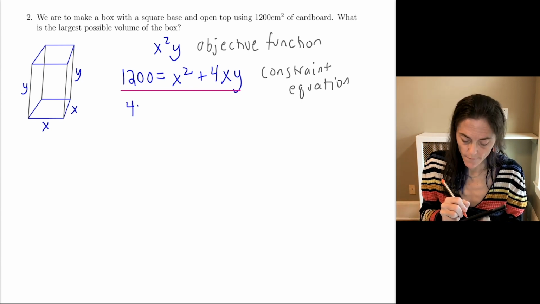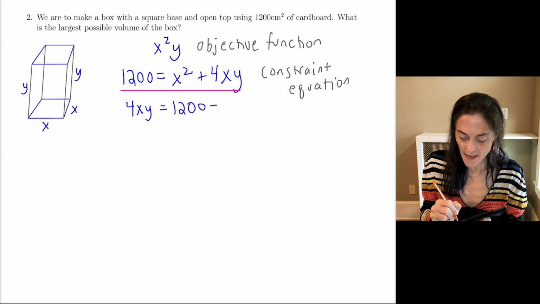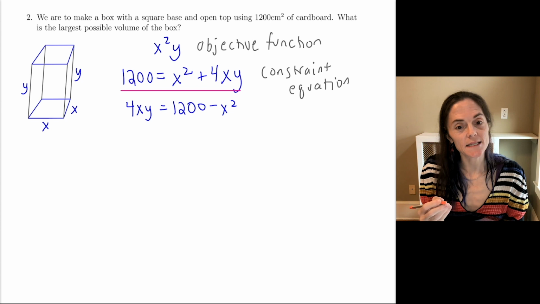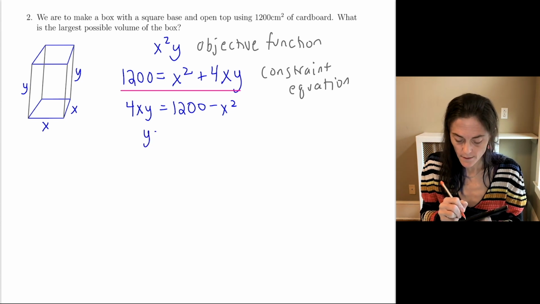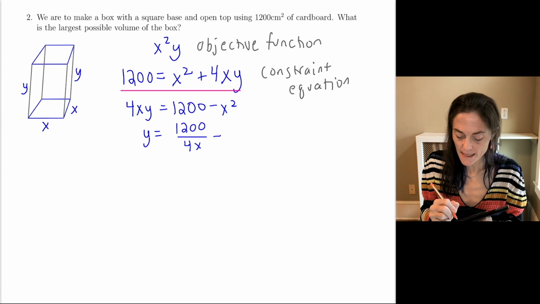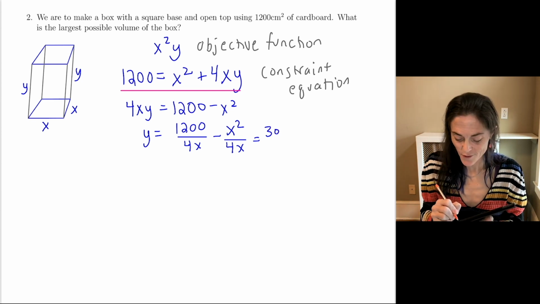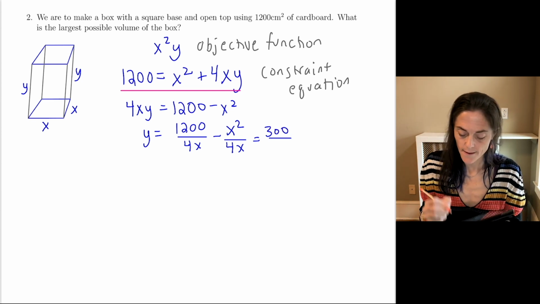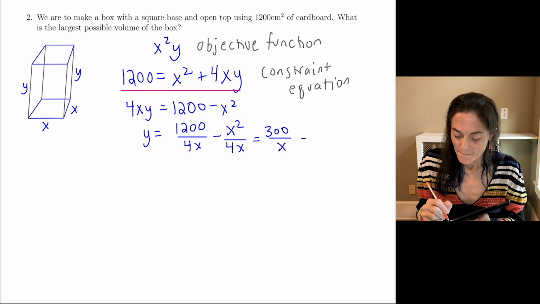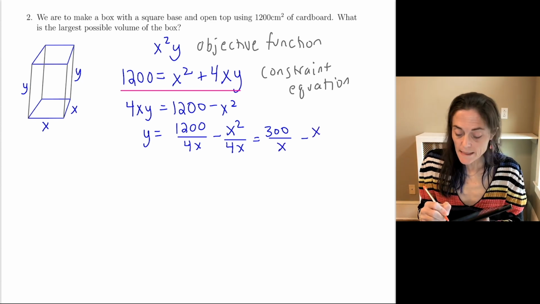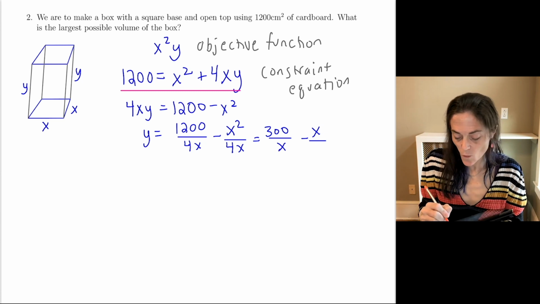So first you notice that 4xy is 1,200 minus x squared. And now we can just divide by 4x. y will be 1,200 over 4x minus x squared over 4x. 1,200 over 4 is 300. So I have 300 divided by x minus x over 4. Okay, this is my relationship between x and y.